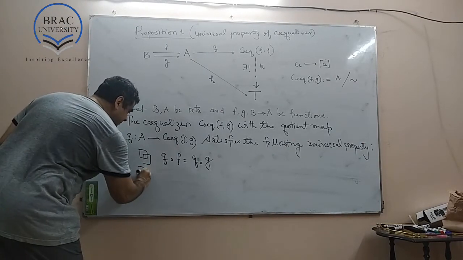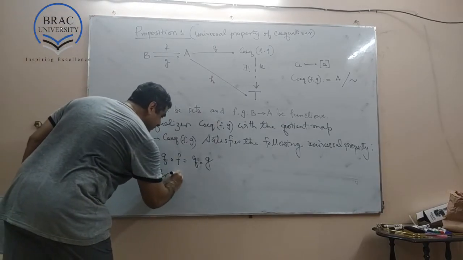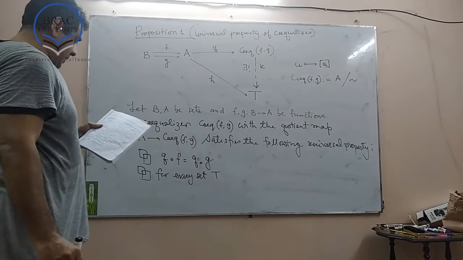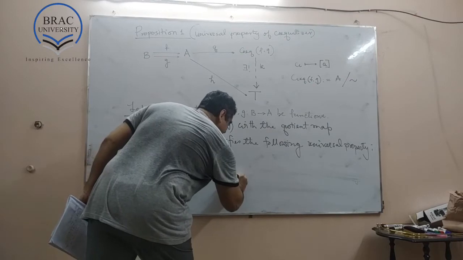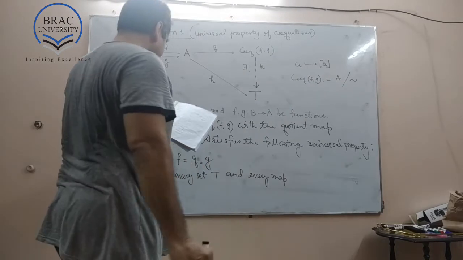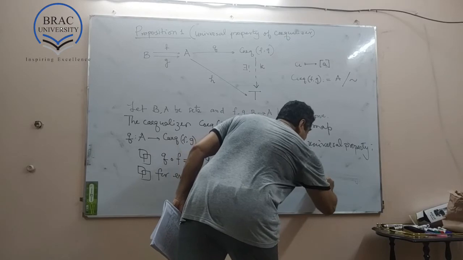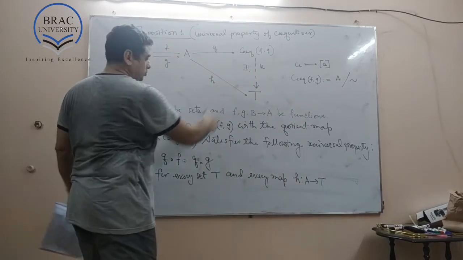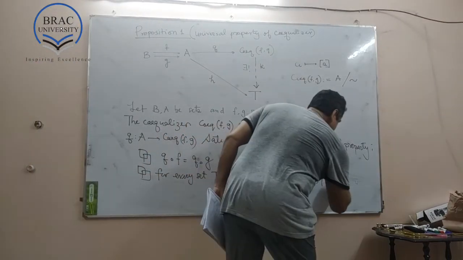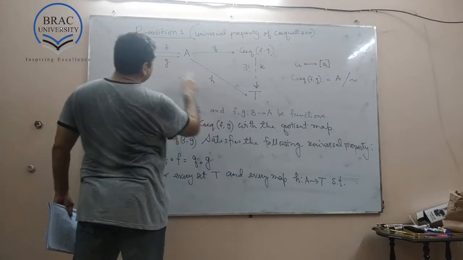The second one. For every set T and every map H from A to T such that you can go from B to T in these two paths.